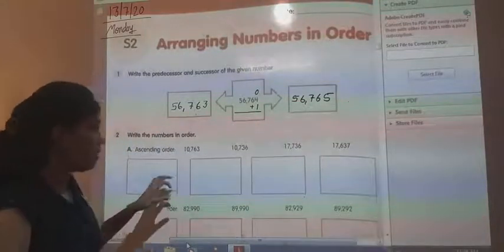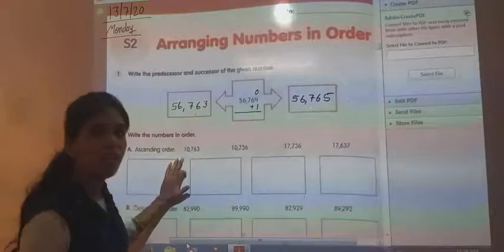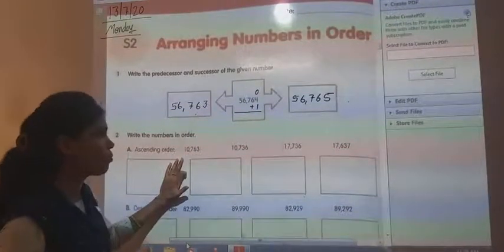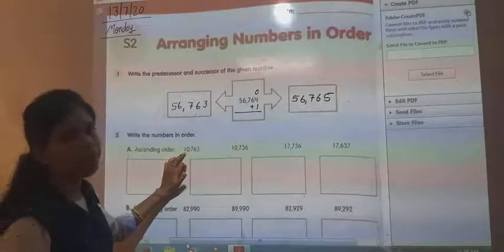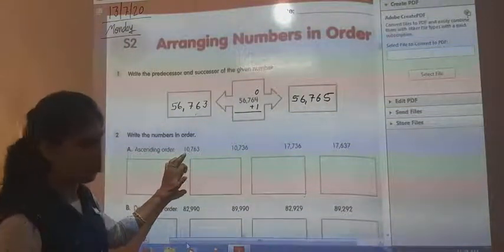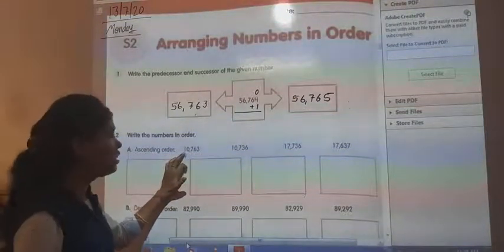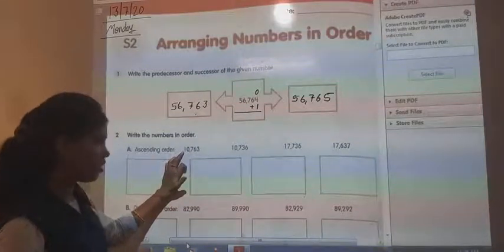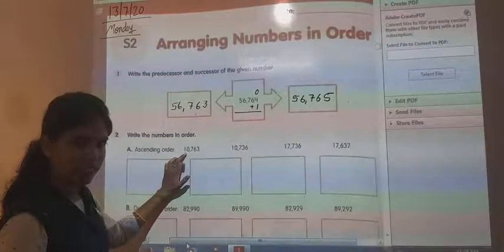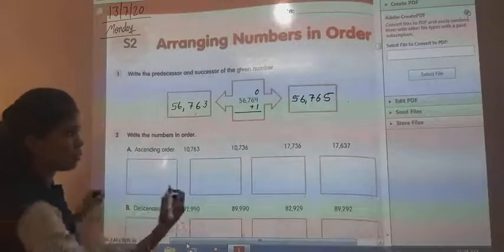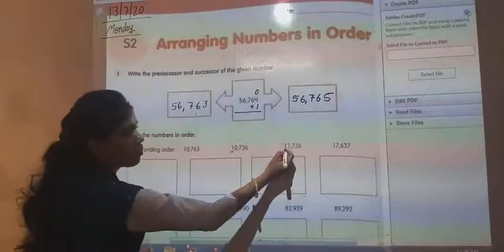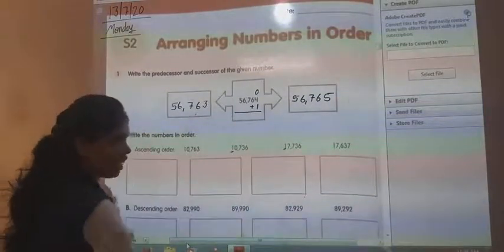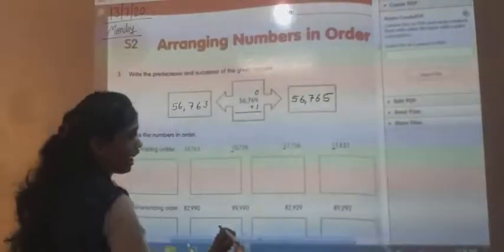So students, we will compare from the largest place, and we have the largest place 10,000. In the first number we have 1, and in the second number also we have 1, and in the third number also we have 1, and in the fourth number also we have 1.